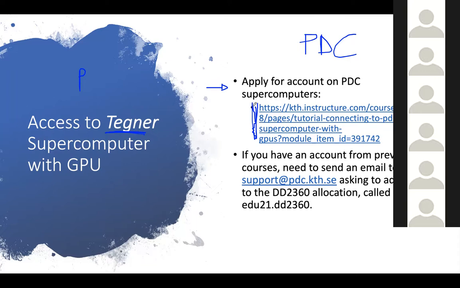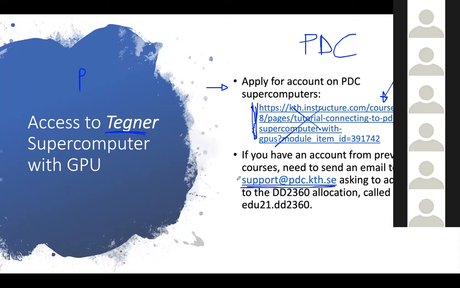There are some of you who already have an account at PDC because you already took a course with me where we had access to the PDC supercomputer. So if you have an account because you took a previous course using the PDC supercomputer, you don't need to ask for another account, right? So no need anymore to apply for an account. However, you still need to send an email, right?